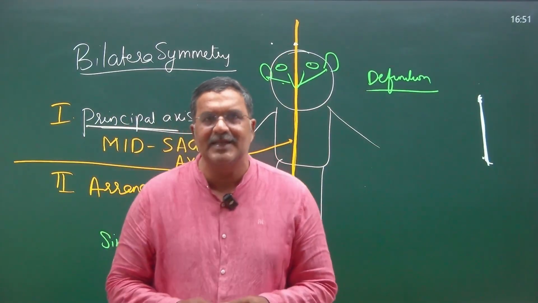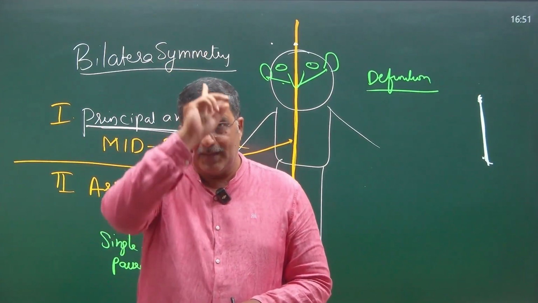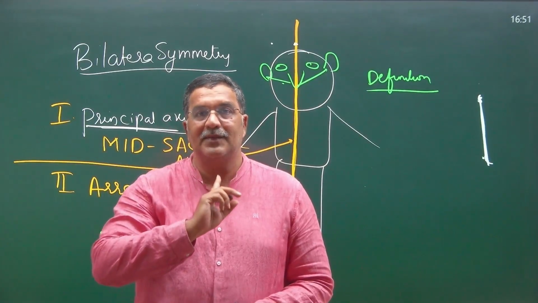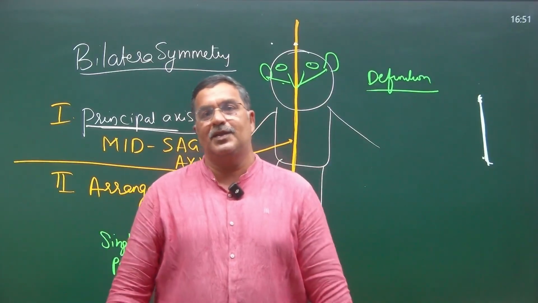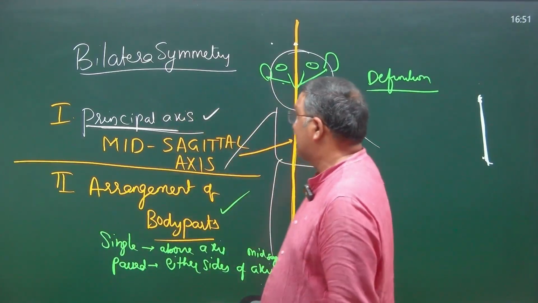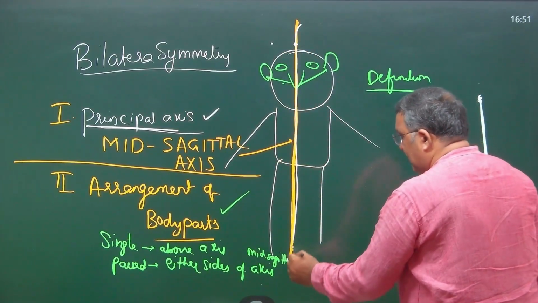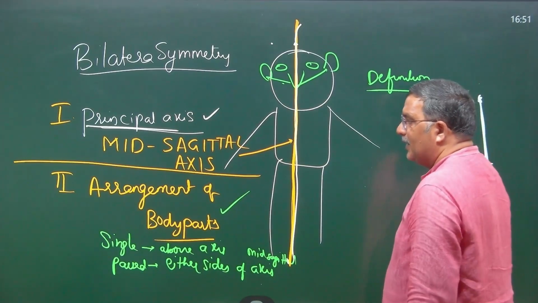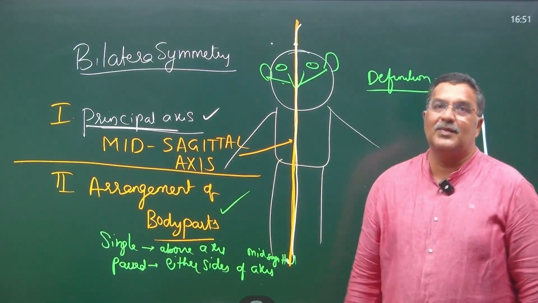In biological terms, simply, the line which I need to draw here should divide my body into exact equal halves. That you can call the principal axis. Here I draw a line in the center of the body which divides the body into two exact equal halves.